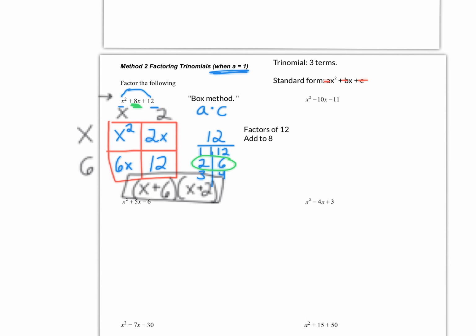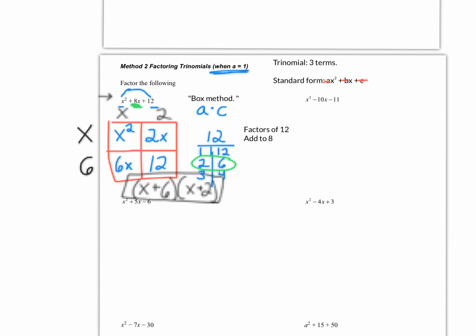And now I want to take the GCF of every row and every column. So here's our first row. If I take a GCF of this, it's just going to be x. So my first GCF is x. The next row, if I just take a GCF of this, it's going to be 6. They both share 6. The next column, I should say, x squared and 6x.